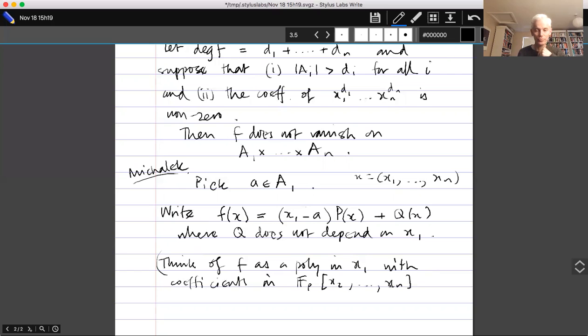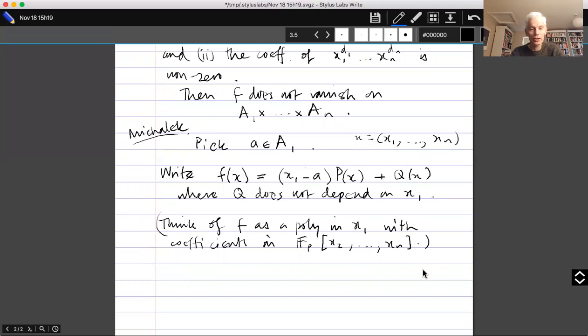That's the ring of polynomials in x2 up to xn over Fp. So we just do the normal polynomial long division, but the coefficients of the polynomials are themselves polynomials in the other variables. If you think about it, you see that you can certainly do that.